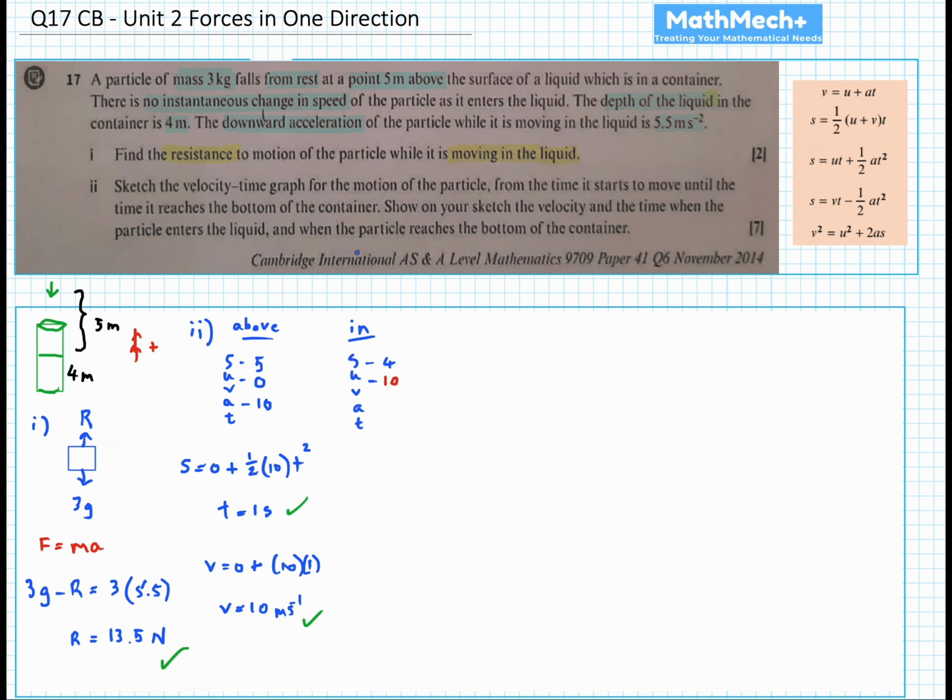Our acceleration was 5.5, and we'll continue on now. So can I find S? I think I'll use the velocity formula. Yeah, that'll work.